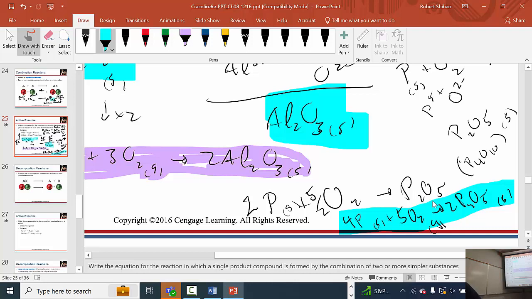Now, non-metal oxides, a lot of those are gases, like carbon monoxide and carbon dioxide. Well, when the molecules get kind of big, then they turn into solids. And so something like P2O5 is kind of a big molecule, so you wouldn't necessarily know, but this is how you know.